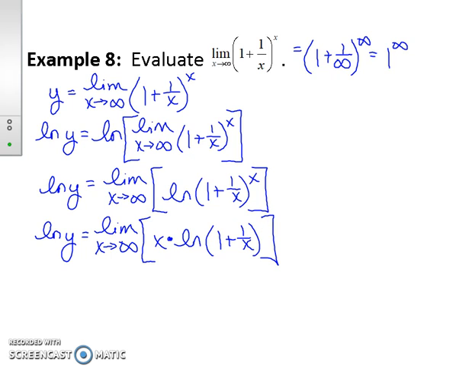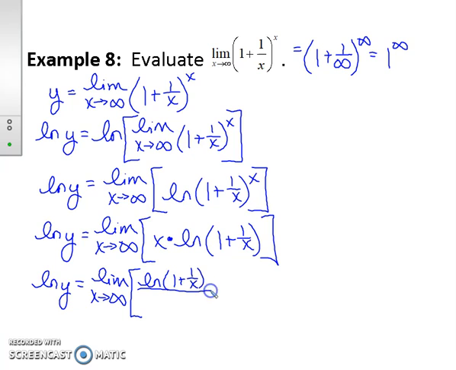So a trick that I could use is, instead of writing that as x, I could write this as natural log of 1 plus 1 over x in the numerator and 1 over x in the denominator, because 1 over 1 over x would get me back to that x that I had right there. But now I have a function over a function, and I can apply L'Hopital's rule to it.